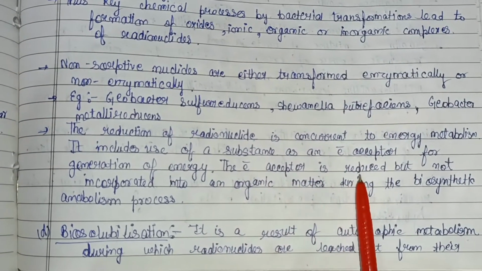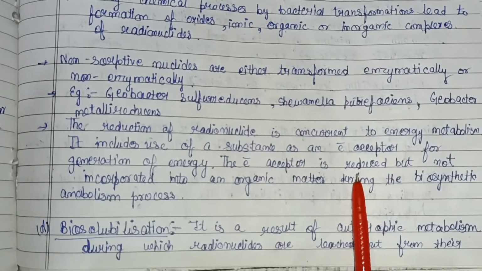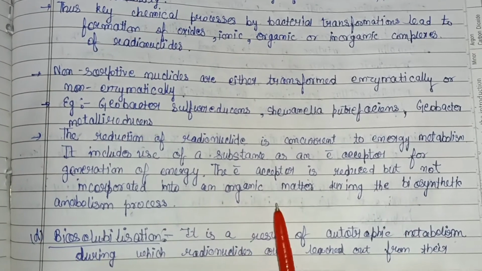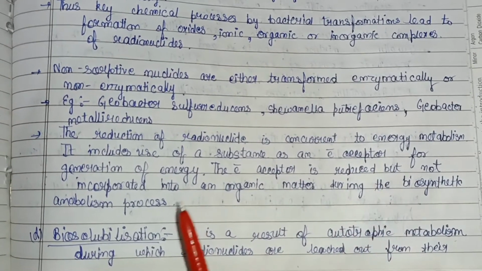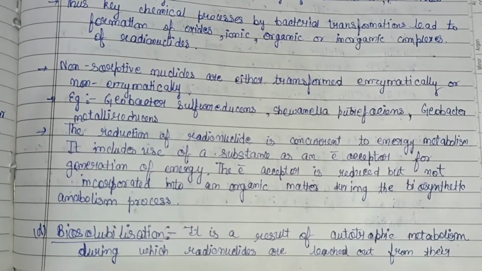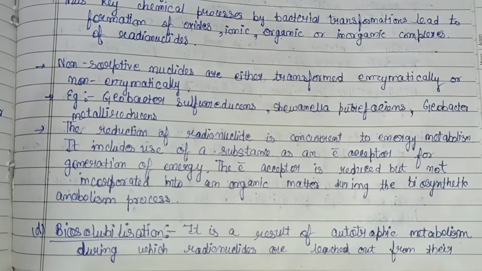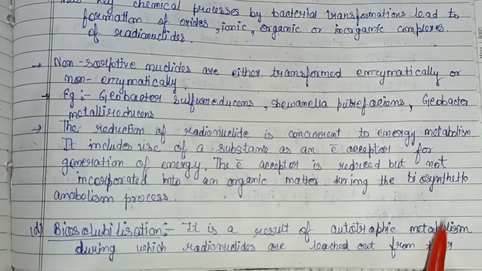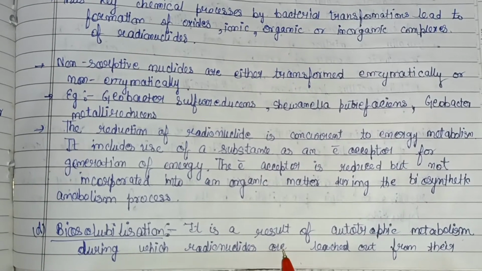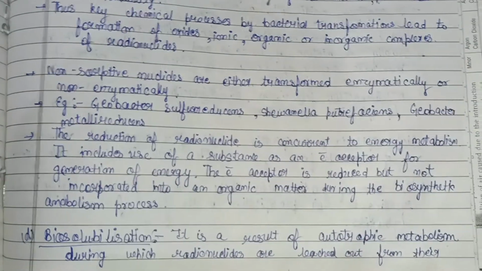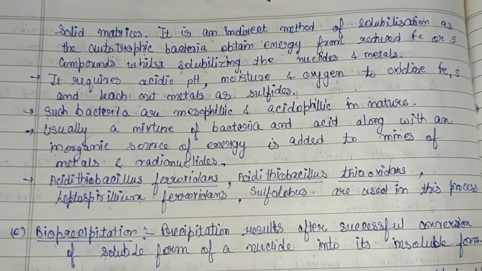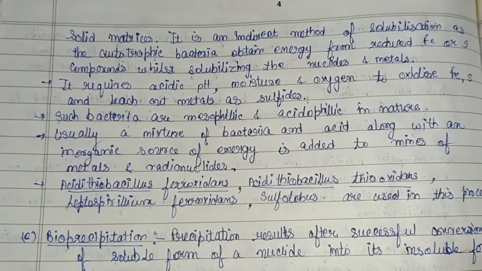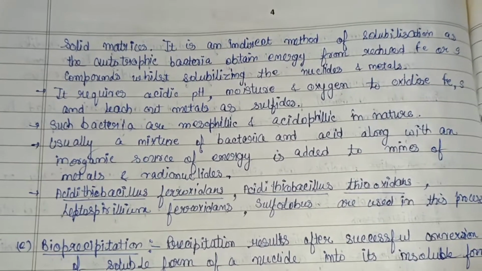The electron acceptor is reduced by the redox reaction, but not incorporated into organic matter during the biosynthetic anabolism processes. Then biosolubilization: it is a result of autotrophic metabolism during which radionuclides are leached out from their solid matrices. So this is another method for transforming, or converting, the radionuclides into a simpler form.